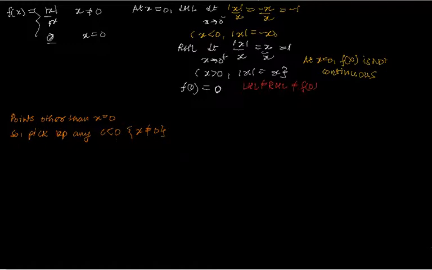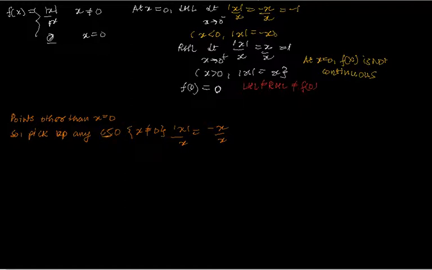Your mod of x would be minus x. So you have the function mod of x upon x, but this would be equal to minus x upon x because x is less than 0 here. It is lying somewhere here.